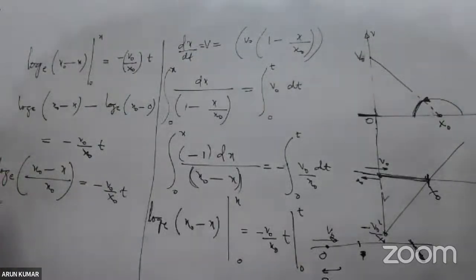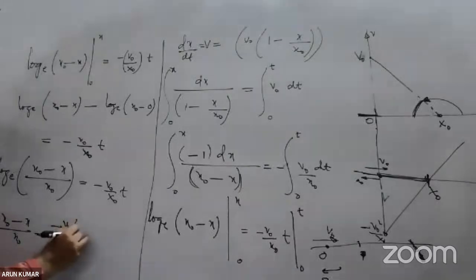If I exponentiate both LHS and RHS, I get x naught minus x by x naught is equal to e power minus v naught by x naught into t.